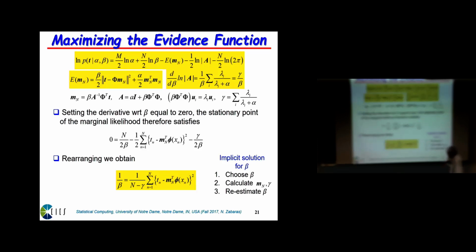This looks very much like a sampling variance, as when we train a Gaussian. The only difference is how the error is defined here, not surprisingly. The other huge difference is that in the denominator, we don't have 1 over n, we have 1 over n minus gamma.